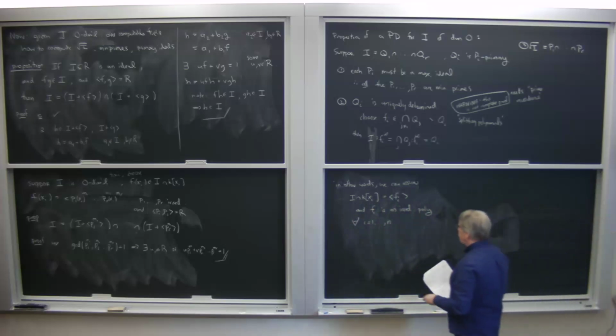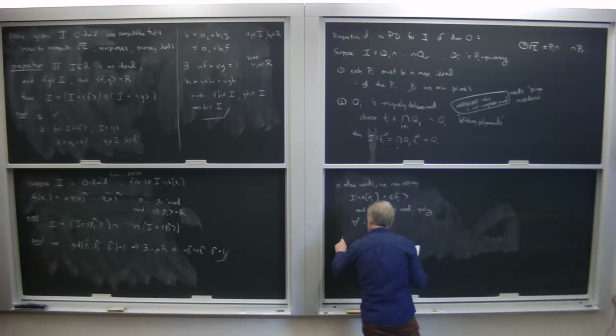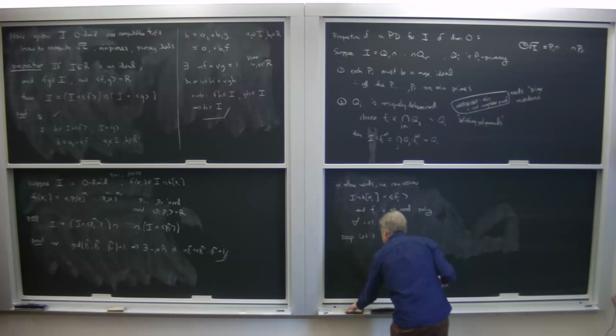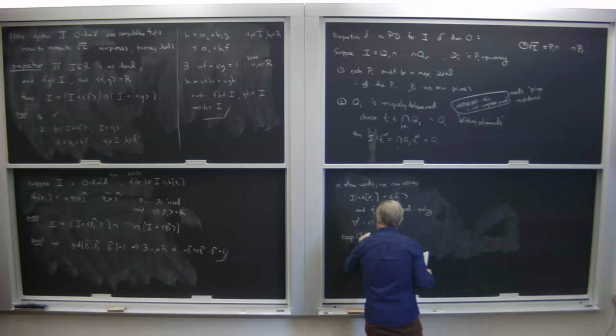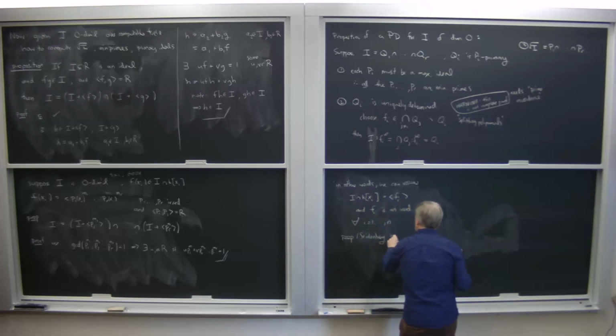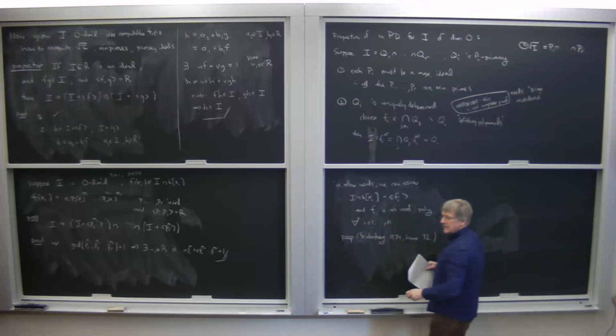But here's another cool fact that is really important, that is very closely related to this. So let K be, and this is Seidenberg's lemma, the 1974 lemma. This paper is kind of ridiculous, lemma 92.